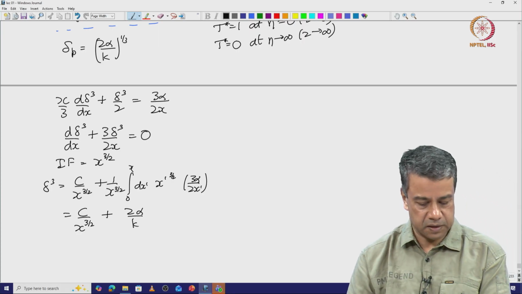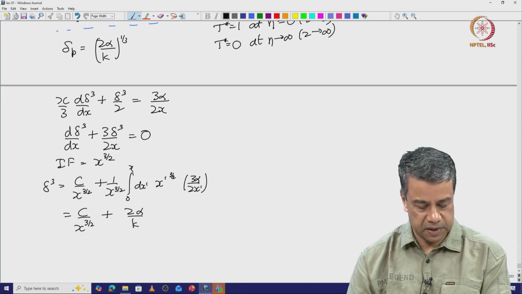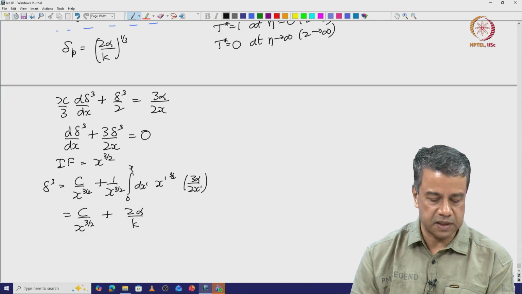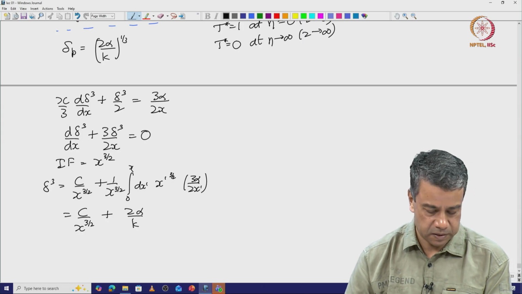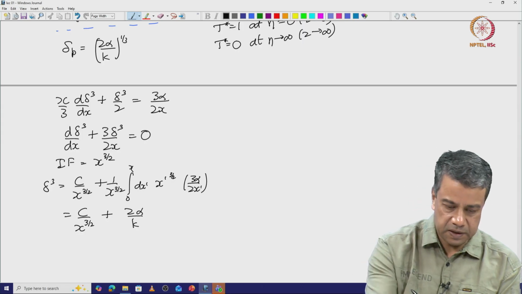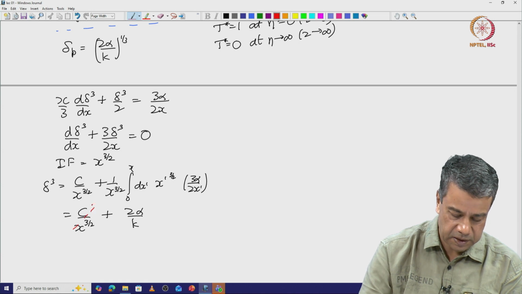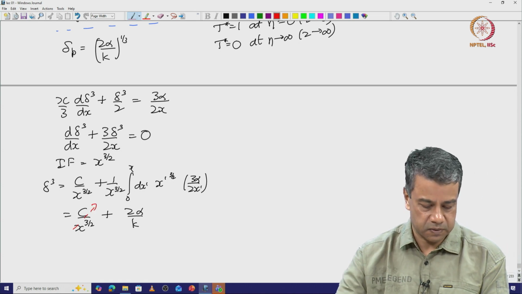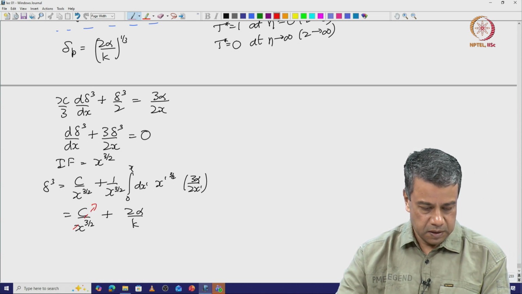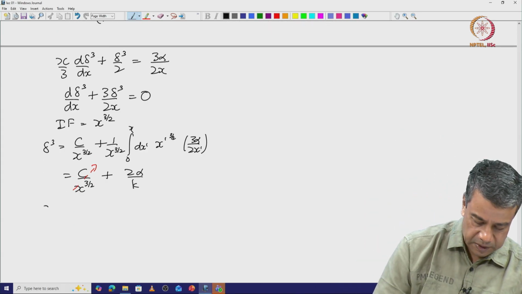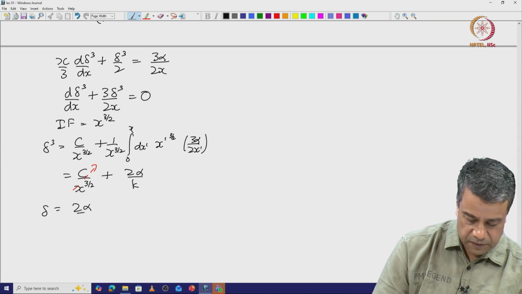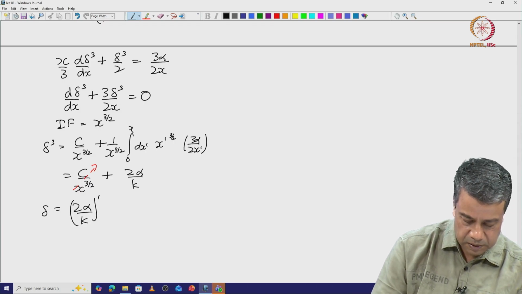If you integrate this out, you will just get 2 alpha by k, because I have x power half, whose integral is x power 3 by 2, that cancels out with what you have in the denominator. And obviously this term has to be 0 if the boundary layer thickness has to be finite at x equal to 0. So this gives us the boundary layer thickness, delta is equal to (2 alpha by k) whole power 1/3.